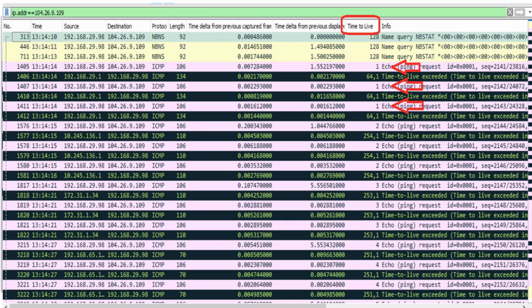The first set of three packets is sent with TTL value equal to 1, to intentionally expire on the first router. Then TTL value 2 with three packets expires on the second hop. Based on this method, we are able to identify the network path and network latency. Hope this video is helpful. Thank you for watching.